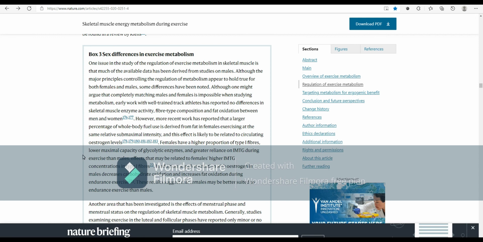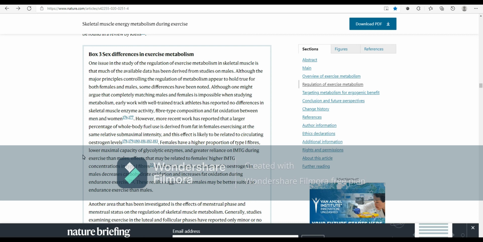Also, this article tells us about an interesting study concerning sex differences in exercise metabolism. They mentioned that females have a higher proportion of type 1 muscle fibers. You know, type 1 and type 2.